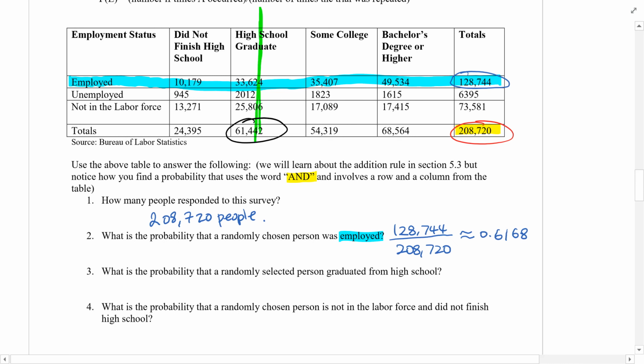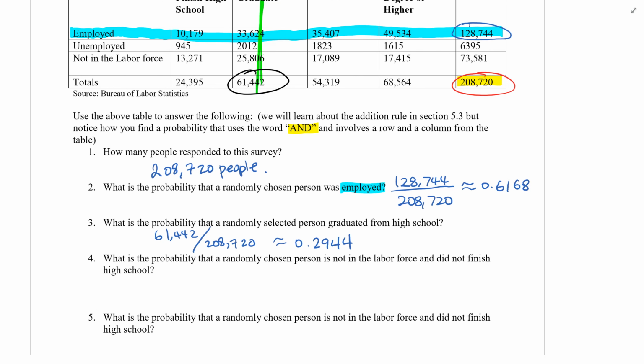And let's round that to 4 decimal places. Okay, so we got 0.2944. I want you to be careful when you do the rounding here. Make sure you do it correctly. And generally speaking, in our handout here, if I don't say how many decimals, for probability, assume it's 4 decimals.